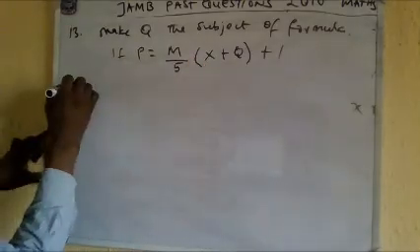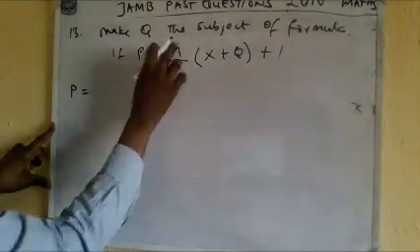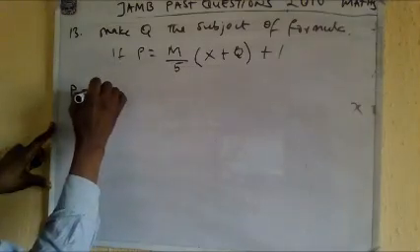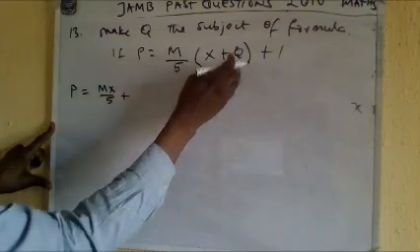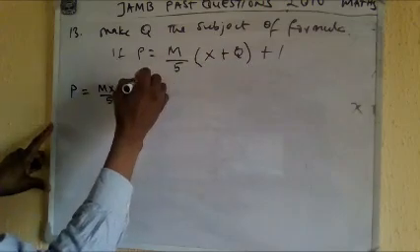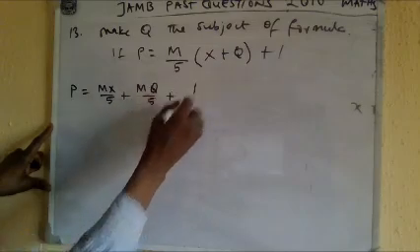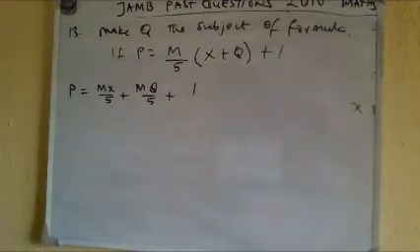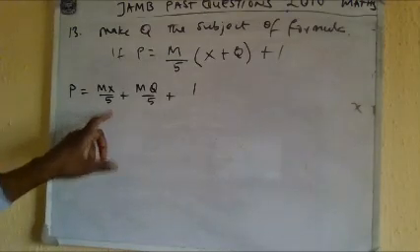P is equal to M over 5 times X, which is MX over 5, plus M over 5 times Q, which is MQ over 5, plus 1. At this point, I'm also going to multiply each term by 5 so that the denominator will disappear.